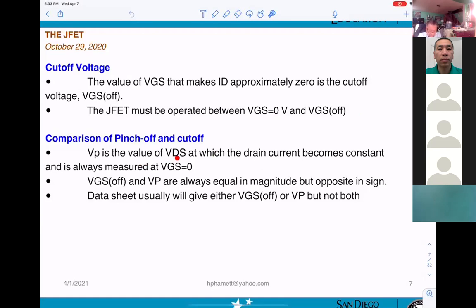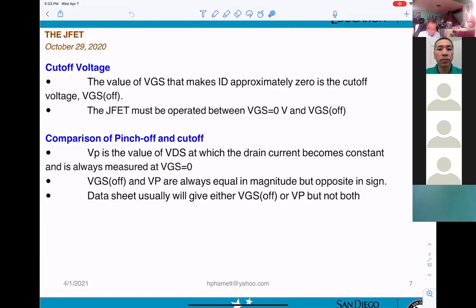VP is the value of VDS at which the drain current becomes constant, and you always measure it at VGS equal to zero. VGS off and VP are always equal in magnitude, but opposite in sign.